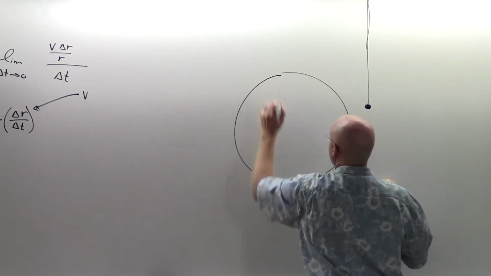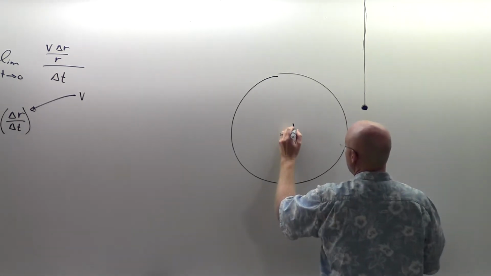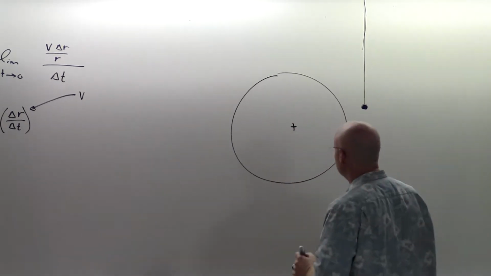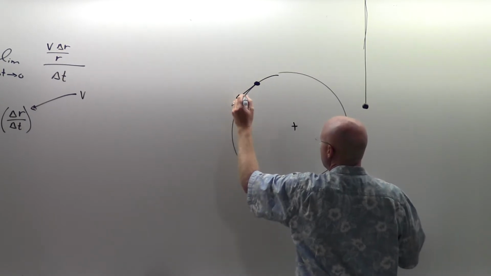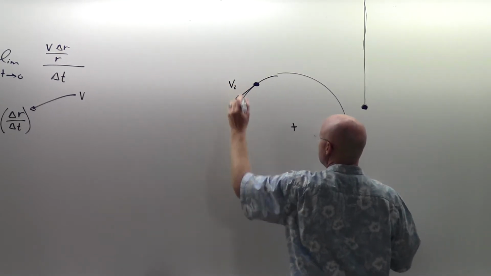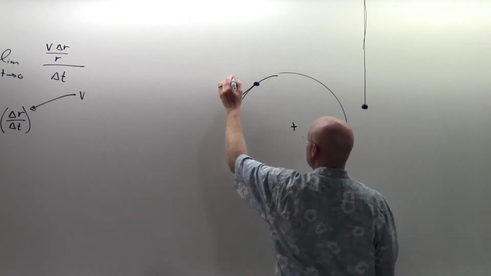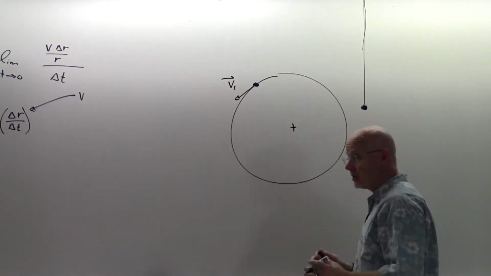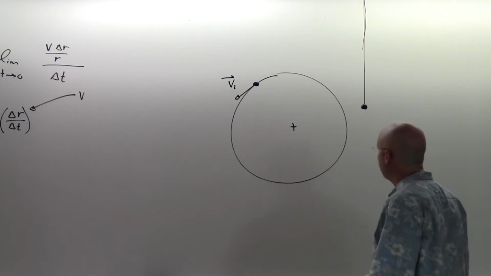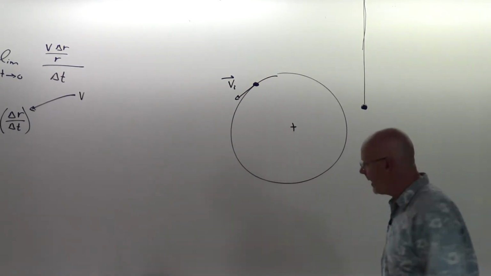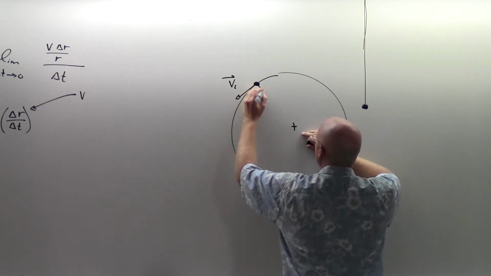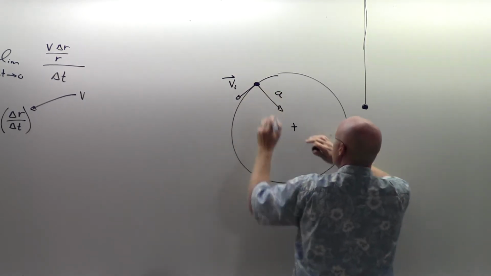I have a circle, I have the center of the circle, and I have the object right here. I will say it's moving with some initial speed, and it has a direction, so let me make it a vector. But as it goes in a circle, if it is only going at a constant speed, wouldn't it have an acceleration vector?